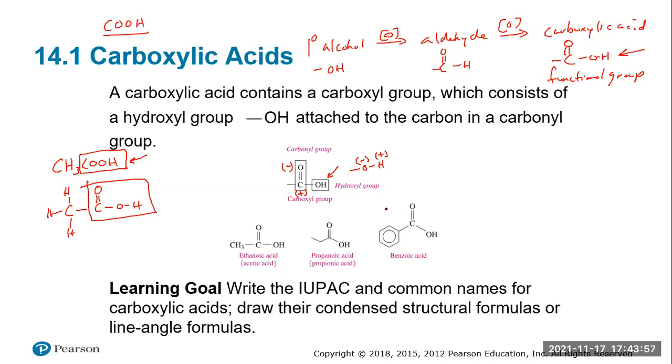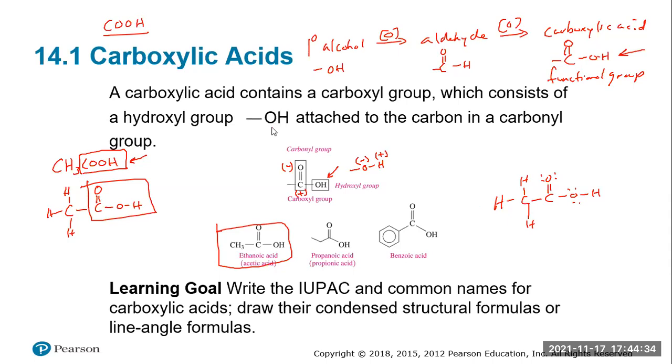How do we name these guys? Well, not surprisingly, it does still go back to how many carbons there are. It still goes back to the alkanes and stuff. So for example, if we took this guy right here, it has basically what I just drew, actually. It is acetic acid, as I just drew it, but its more IUPAC name is based on the number of carbons.